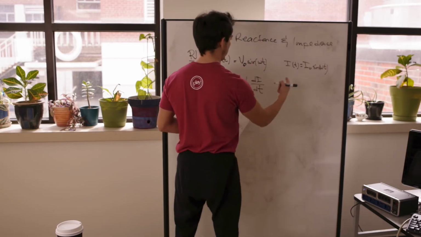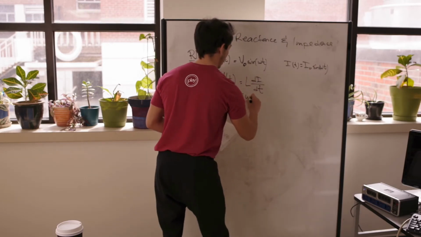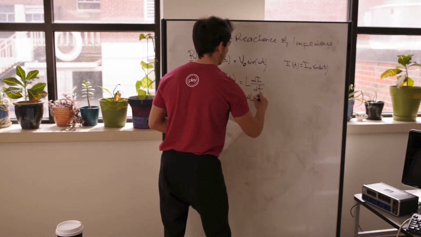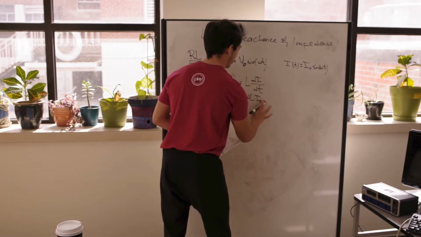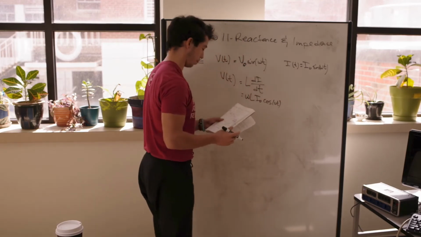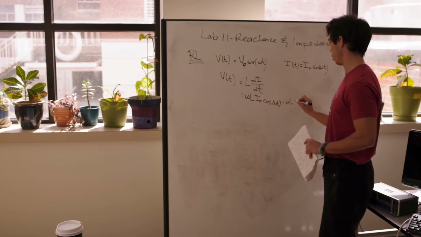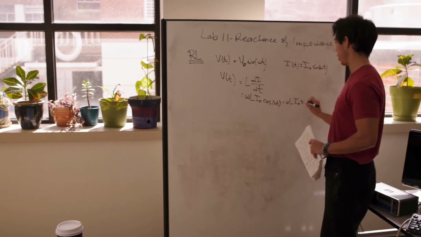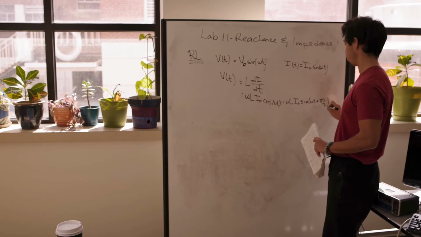So we take the time derivative, that spits out an omega term. So it's omega L, and it changes the sine to a cosine: omega L I0 cosine omega t. This can also be written as omega L I0 sine omega t plus a phase shift of pi over 2.